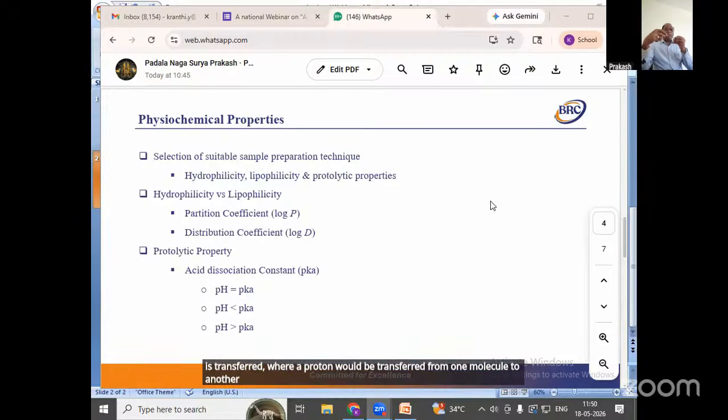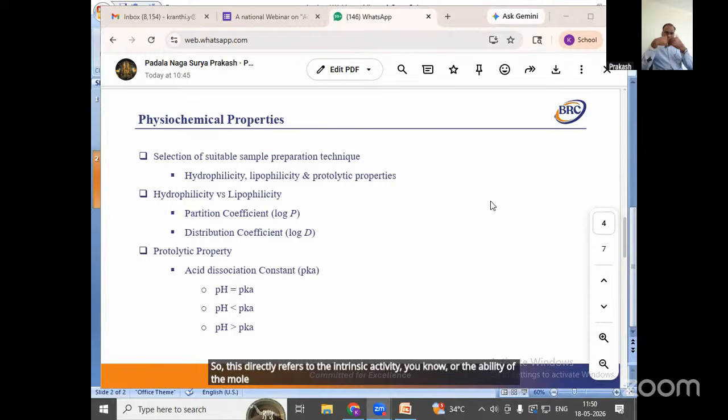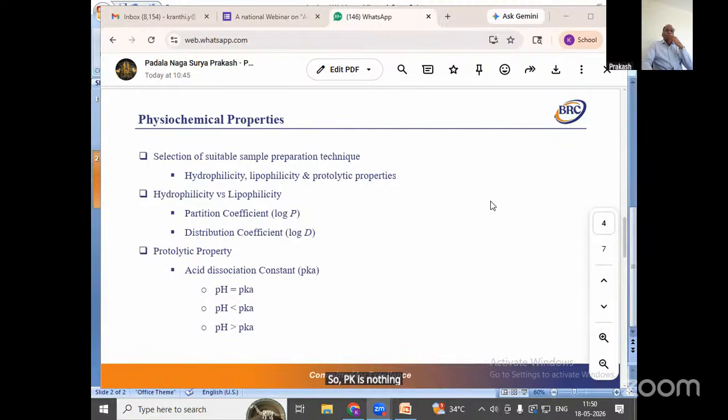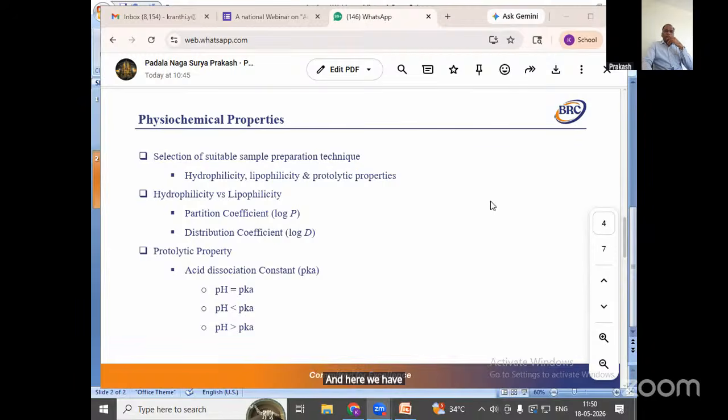So this directly refers to the intrinsic activity, or the ability of the molecule to either donate or accept a proton. pK is a mathematical measure of the prototropic property.